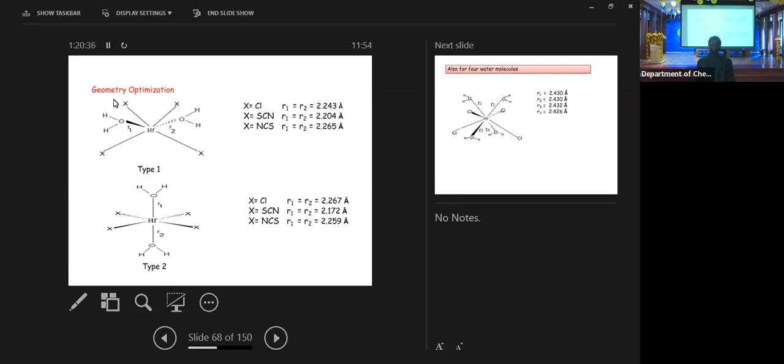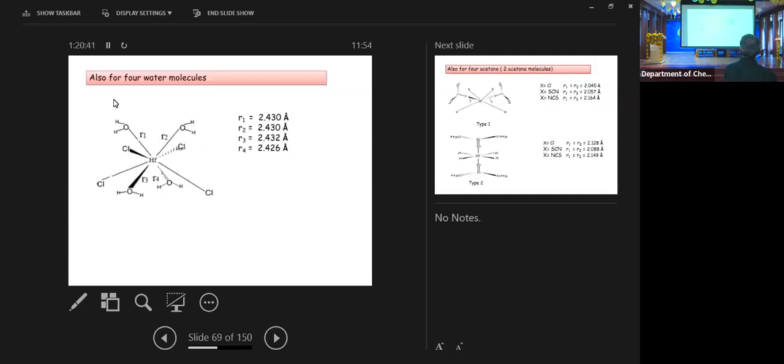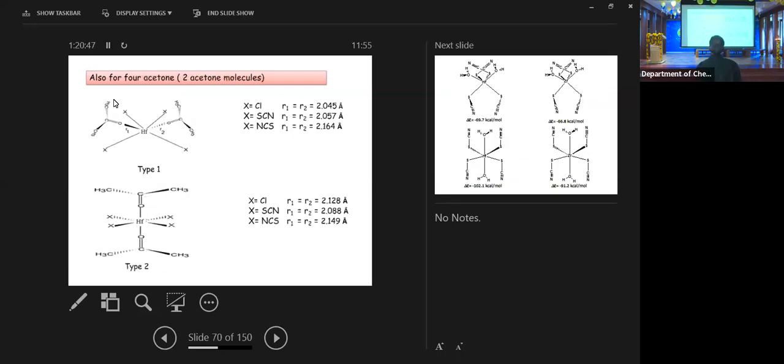But what we did, we used along with chlorides only when SCN is also added, and also with 4 water molecules. Anyway, these are the geometries. Let us not go into depth of that. And also with the acetone molecules, which represent the MIBK. MIBK is methyl isobutyl ketone. If I put 2 methyl groups for calculations, that is okay. Isobutyl is going to make my life a little bit tough in calculations, so I change it into methyls. These are the models which we work with.